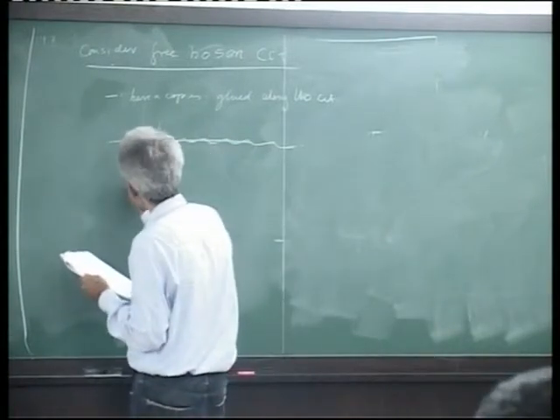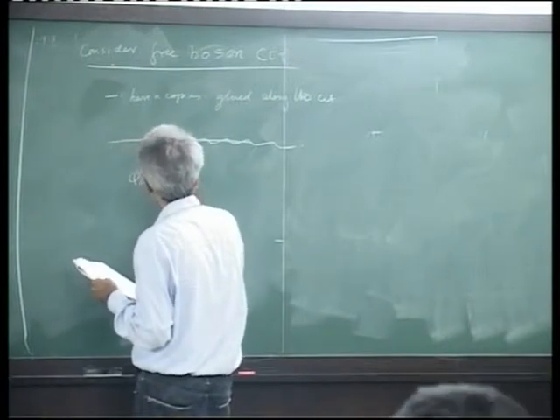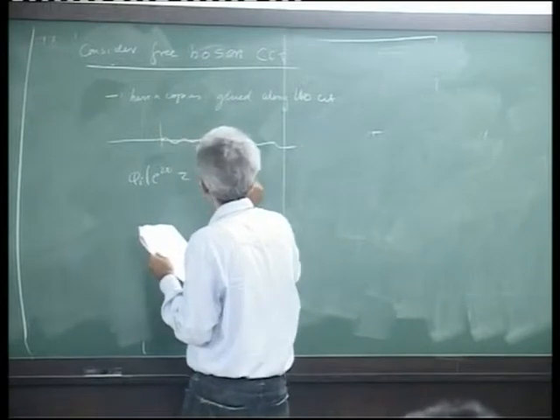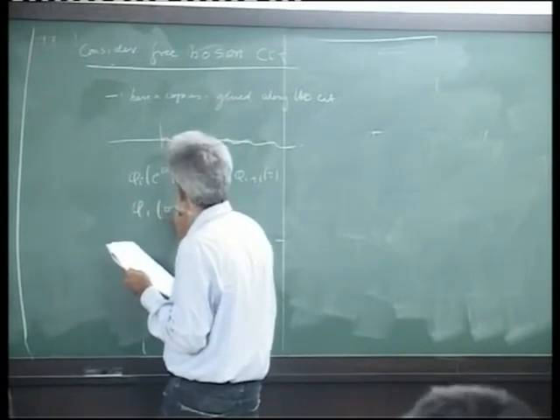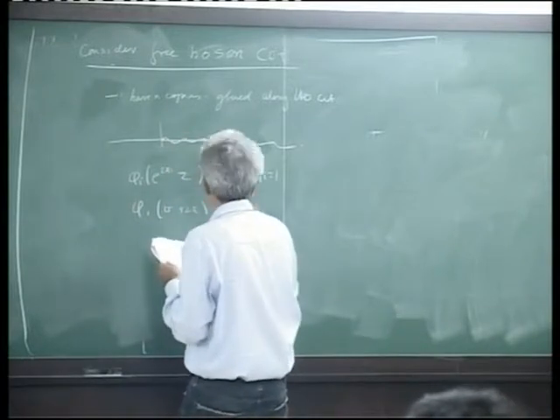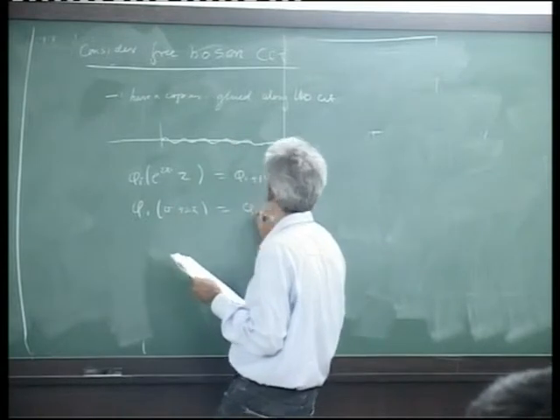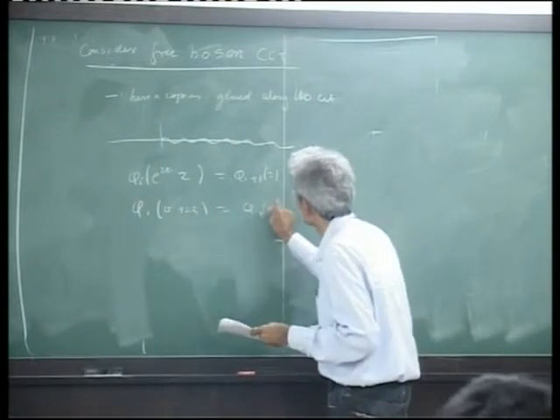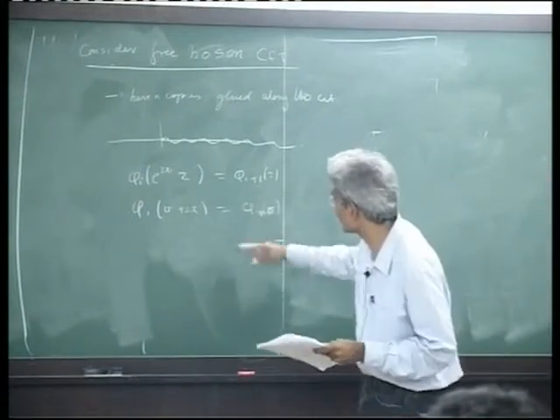We have this boundary condition: phi_i(e^{2 pi i} z) is phi_{i+1}(z). Or in cylinder variables, phi_i(sigma + 2 pi) is phi_{i+1}(sigma).